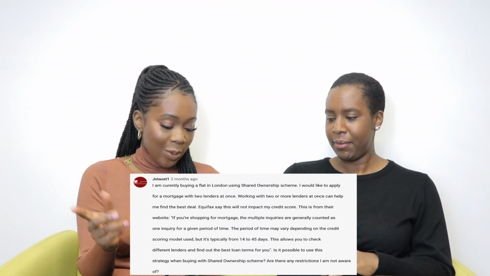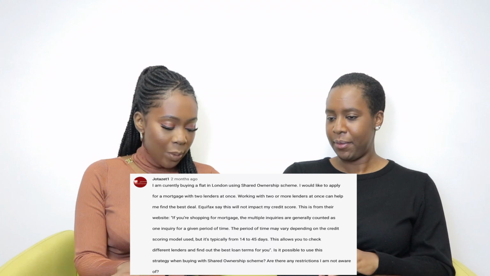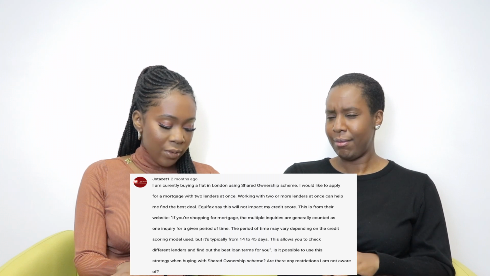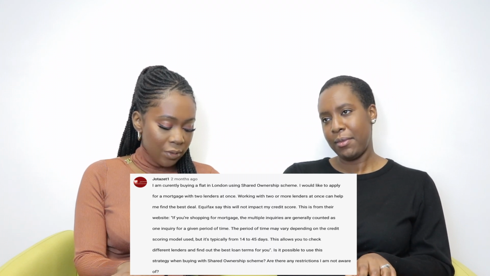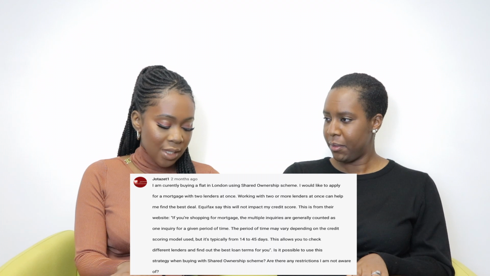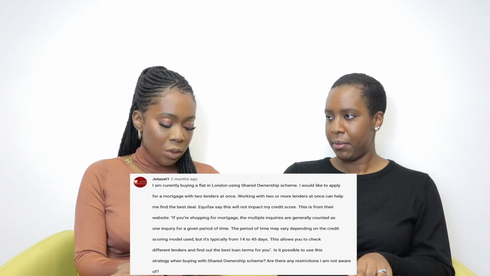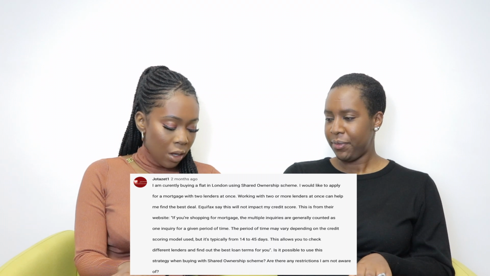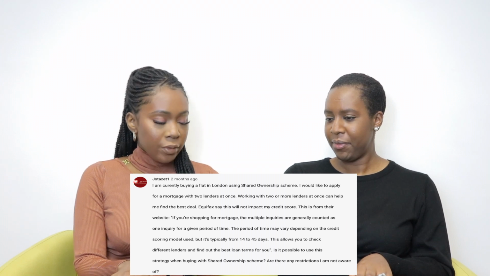And then she quotes, if you're shopping for a mortgage, then multiple inquiries are generally counted as one mortgage inquiry for a given period of time. The period of time may vary depending on the credit scoring model used, but is typically 14 to 45 days. This allows you to check different lenders out and find the best loan terms for you. Is it possible to use this strategy when buying with the shared ownership scheme? Are there any restrictions that I'm not aware of?